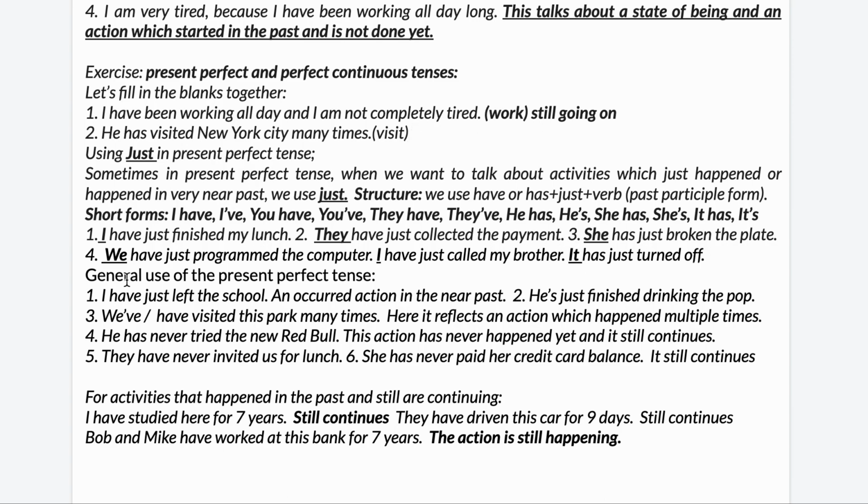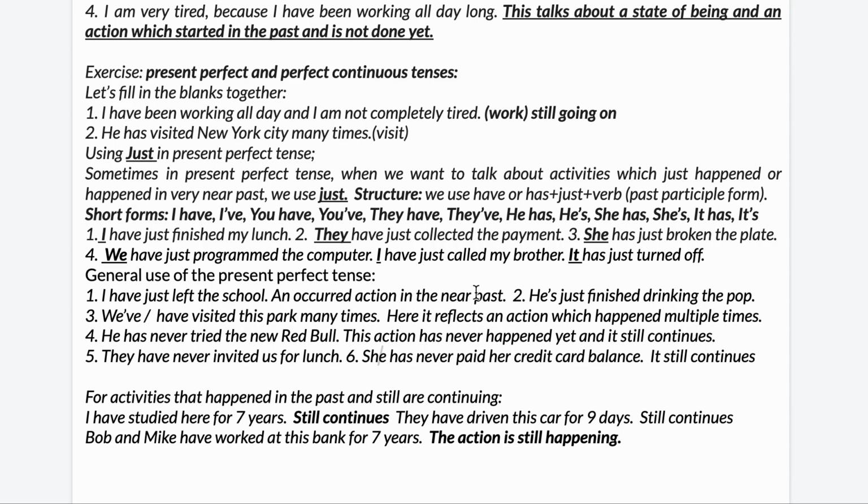Now, the general use of the present perfect tense: when we use present perfect, we talk about activities that just happened in the past, or activities that happened at an unknown time in the past.